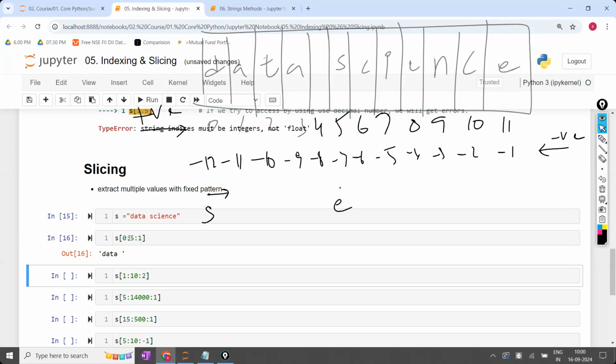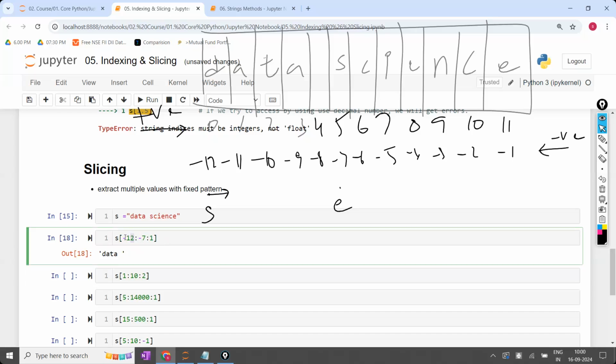Sir, instead of 0, can I write here -12? Absolutely. If you write -12 to 5, same answer. Same starting point, same ending point, no difference. Sir, instead of 5, can I write here -7? Absolutely, you can write. The answer is again the same.